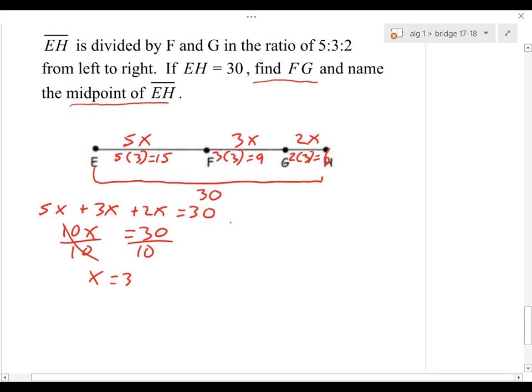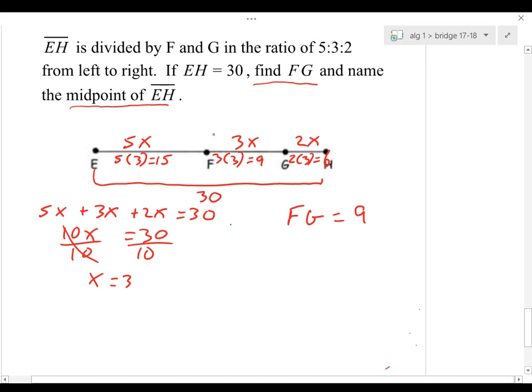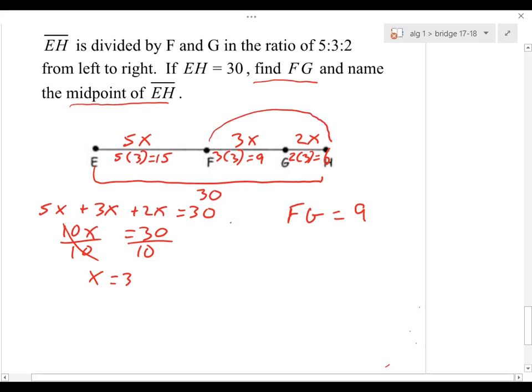And our first task is to find FG. FG equals 9. And from here to here is 15. From here to here is 15.